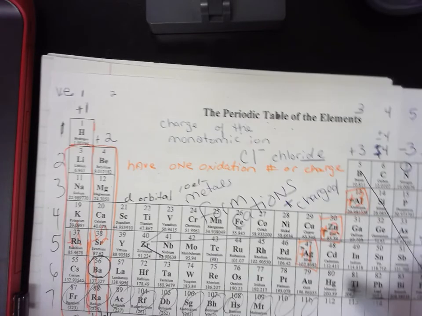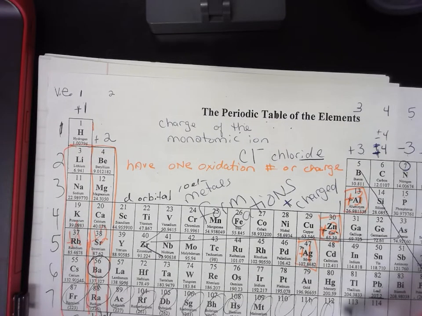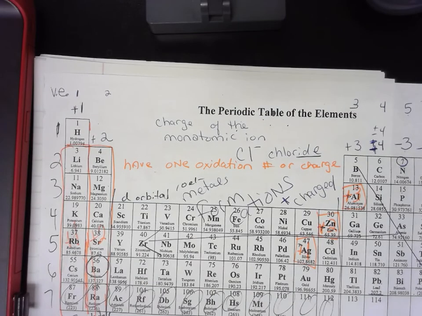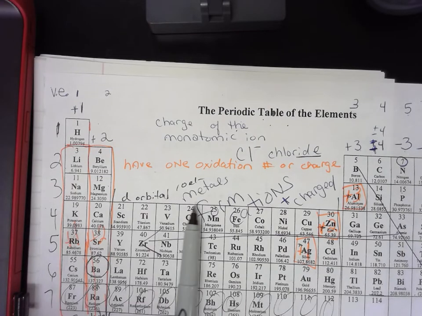Okay? So if you're confused, like, how many electrons can the S hold? How many can the D hold? How many can the P hold? All you got to do is count. Your S can hold 1, 2 electrons. Your D can hold 1, 2, 3, 4, 5, 6, 7, 8, 9, 10 electrons.